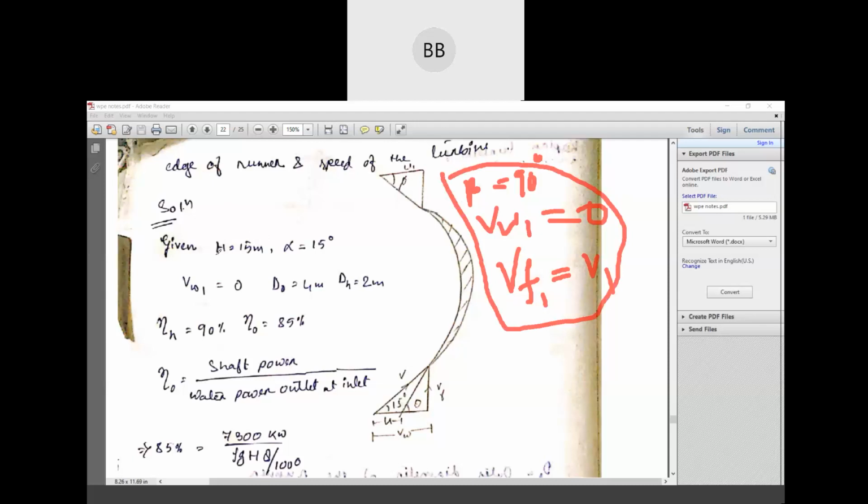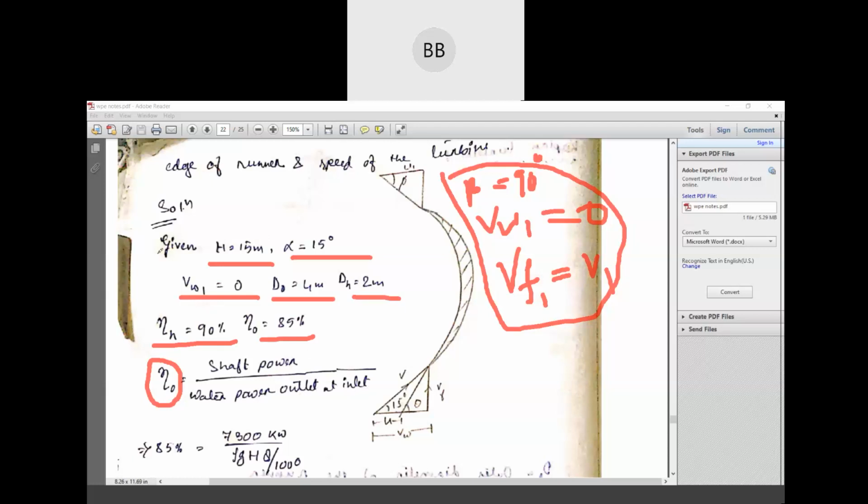So H is 15 meter given, alpha is given, VW1 is 0 given, outer diameter is given, hub diameter is also given. Hydraulic efficiency is given, overall efficiency is given. So overall efficiency is equal to shaft power divided by water power at inlet.